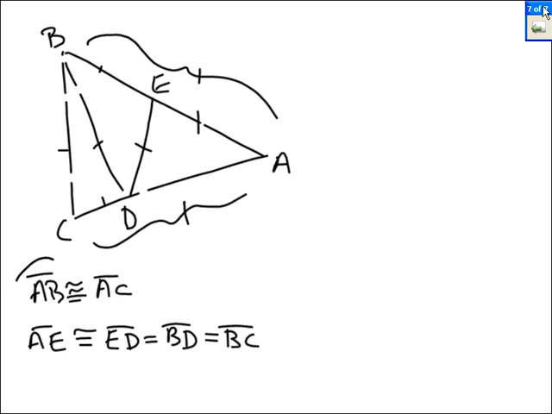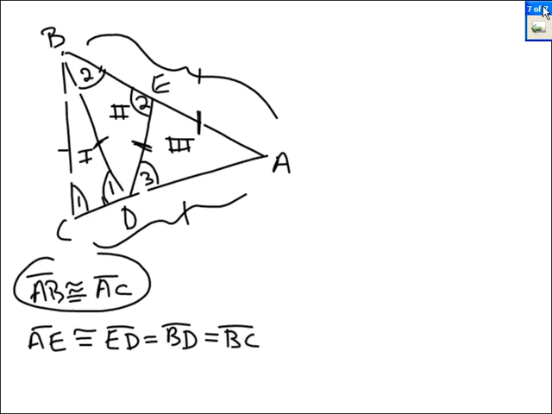You have to remember to use this information. Angle 1, and that's also angle 1. Base angles of an isosceles triangle, triangle number 1, base angles are equal. Triangle number 2, we have two sides equal. So the angles opposite them, which happen to be called base angles, they're equal. And in triangle number 3, we have two sides equal. The angles opposite them, call them angles 3, they're equal.